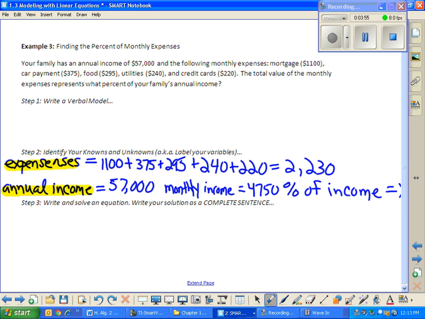So then I went ahead and I wrote a verbal model. If I want to know what percent of the family income my expenses take up, it's safe to say that my expenses will equal a percent of my monthly income.